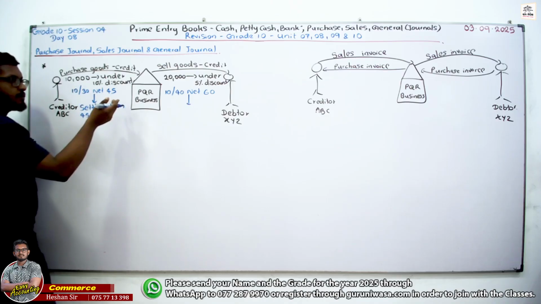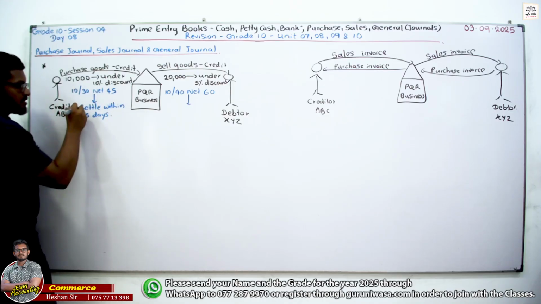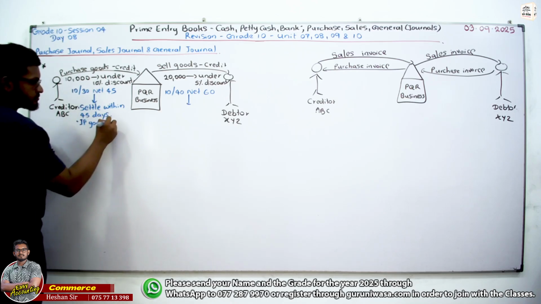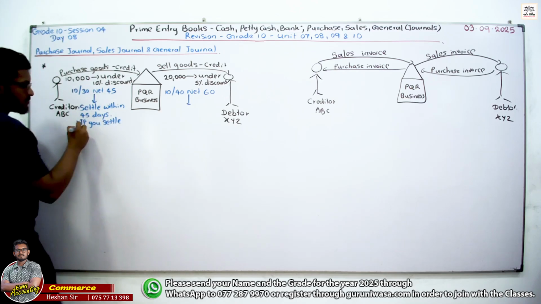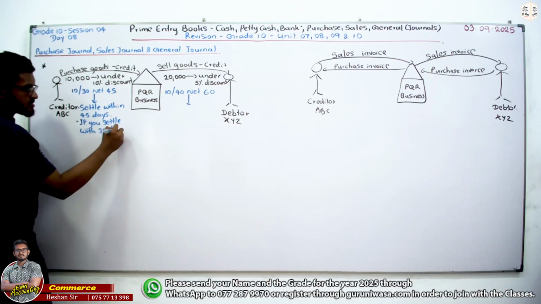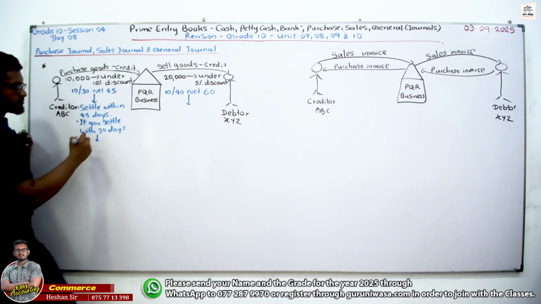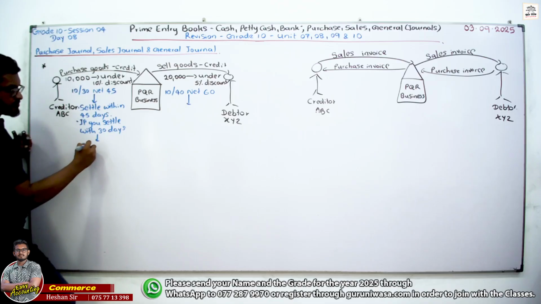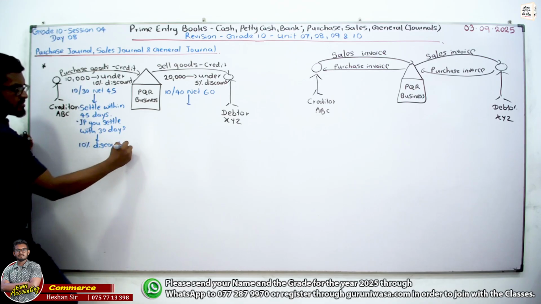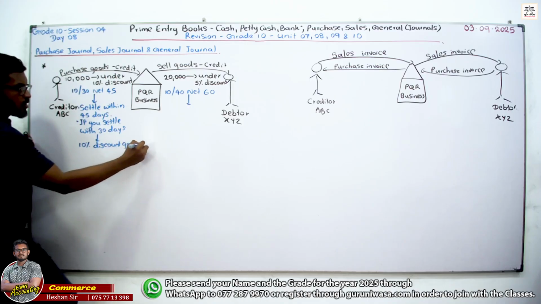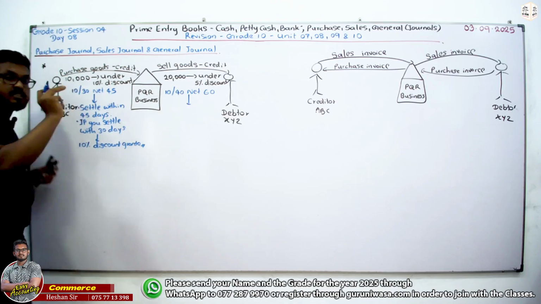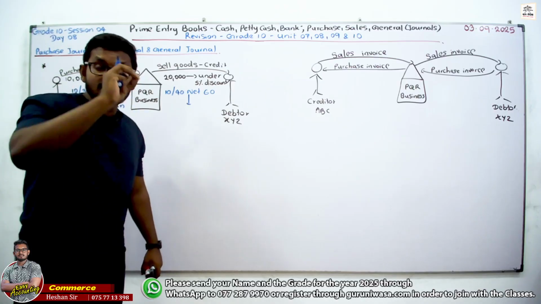But if you settle within 30 days, 10% discount is granted. Which means I purchased 10,000 under 10% discount, this is the trade discount.